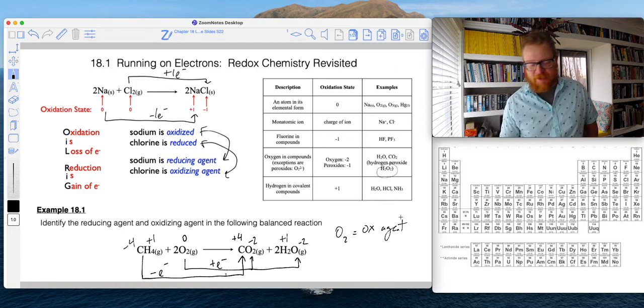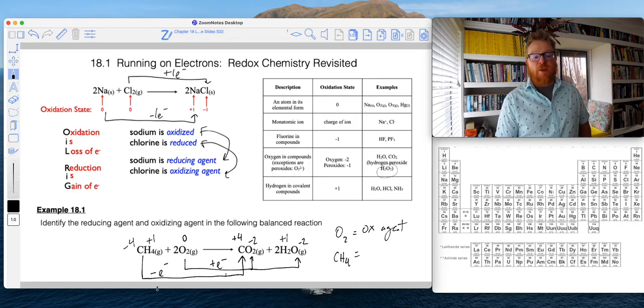That's to be expected 99% of the time. And methane, even though it's the carbon in the methane that's undergoing this redox reaction, the entire molecule has to be the agent, right? So if carbon in methane is losing electrons, that means it's being oxidized, which means, of course, it's the reducing agent.